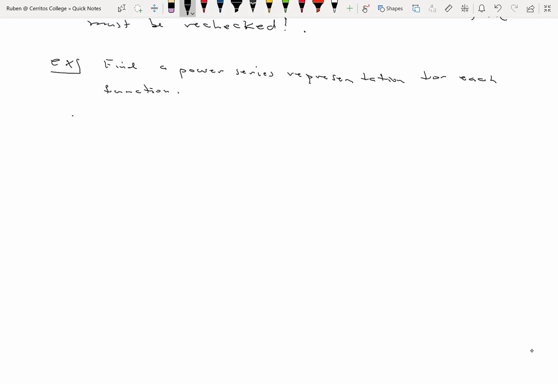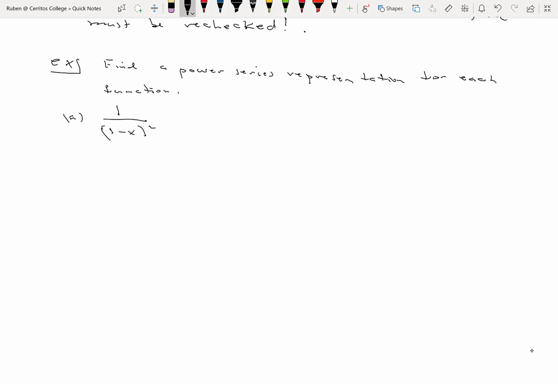Okay, part A. I want a power series representation for 1 over 1 minus x squared. This is tricky. This is very tricky.